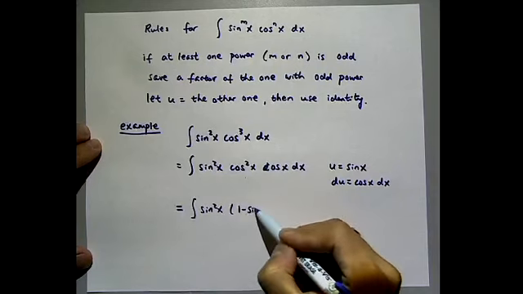And you can always use that identity to get rid of it. So cosine has odd power, so we save one factor of that. And let u be sine. du is cosine of x dx. So there's my du.